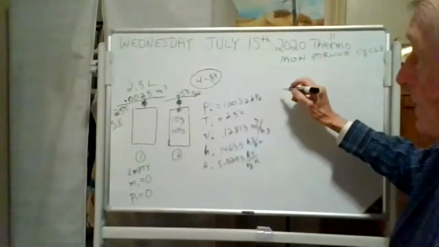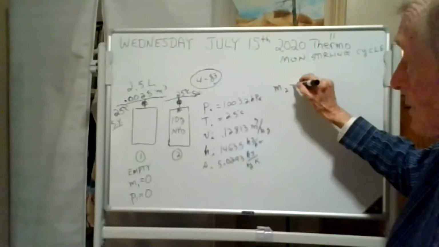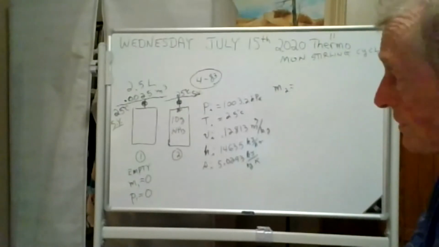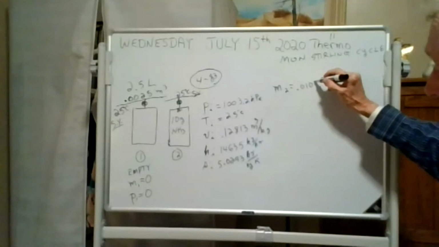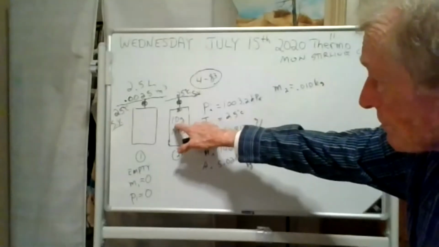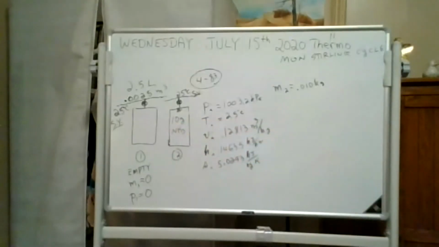The mass at state 2, you'd have to put it in kilograms. It'd be 0.010 kilograms. So you take 10 grams and you move it over 3 spaces, right? That's the mass.